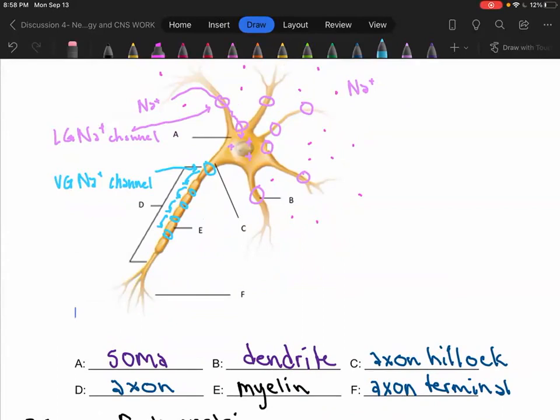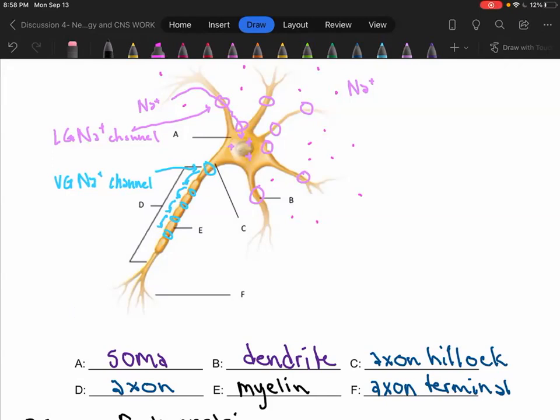I don't know how to pronounce it correctly, but those are the little gaps in between the myelin. Myelin blocks off the cell membrane. So instead of opening a bunch of different sodium channels along the axon, they just hop from one node to the other. So this happens very quickly.